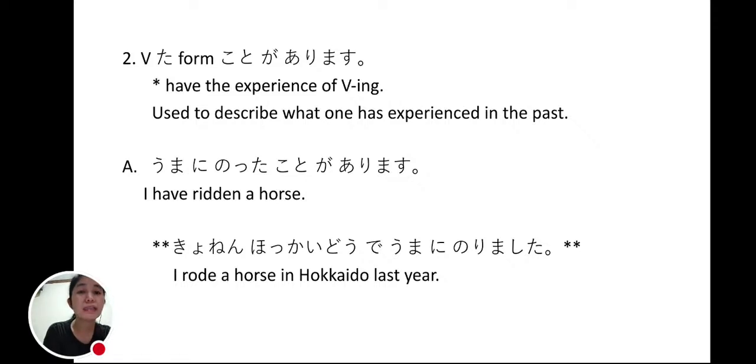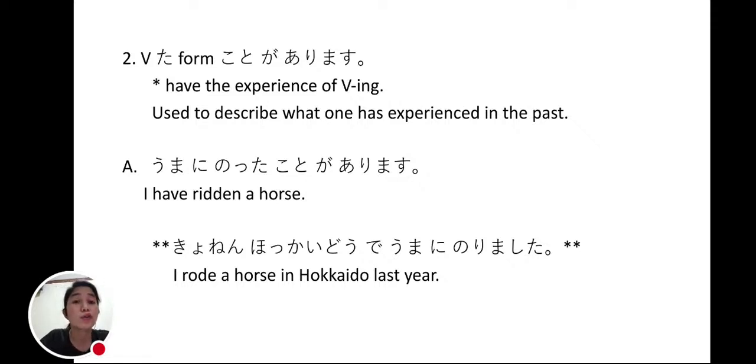And then please, in here, take a look at the asterisk. Please don't be confused with this one. In here, it's different. When you are saying, Kyonen Hokkaido de uma ni norimashita. I rode a horse in Hokkaido last year.